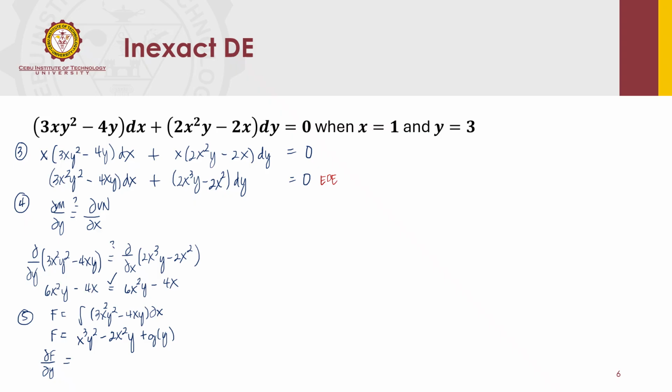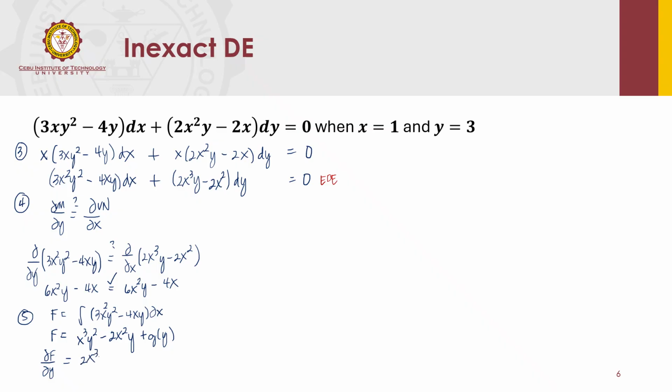So x is the constant. So it's 2y for the derivative of y squared, and then times x cubed. So that's 2x cubed y. Am I correct? So it's 2x cubed y.